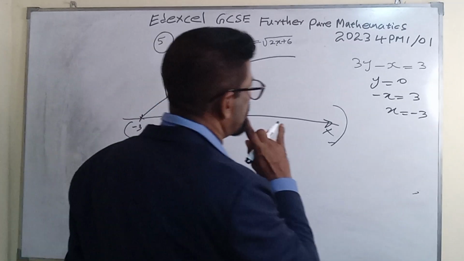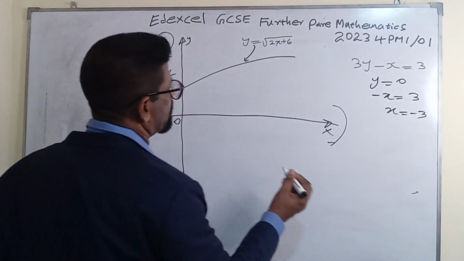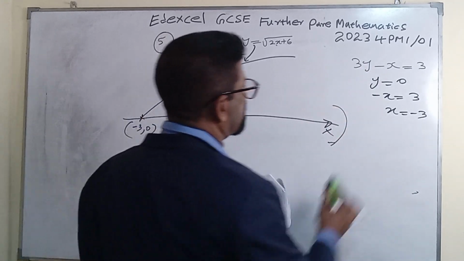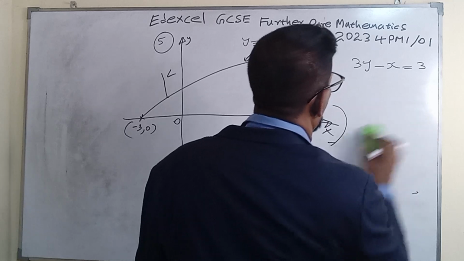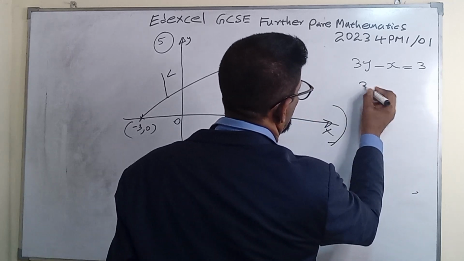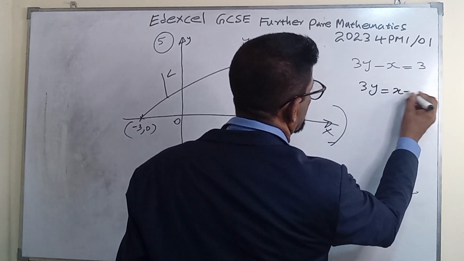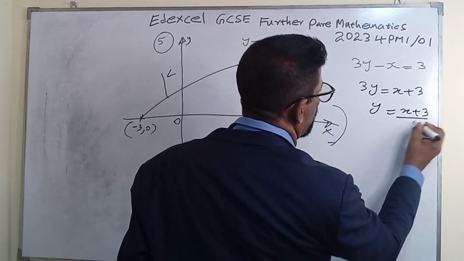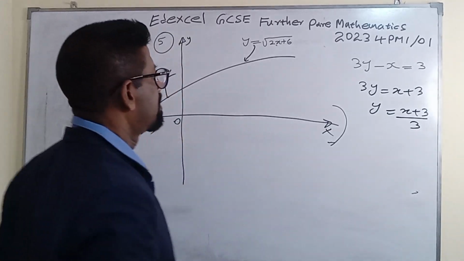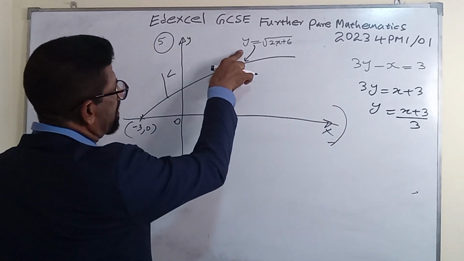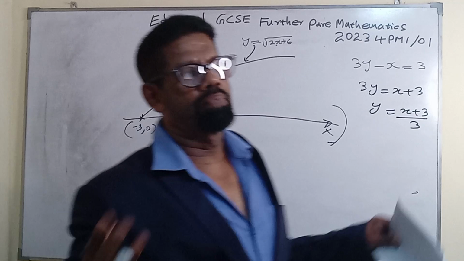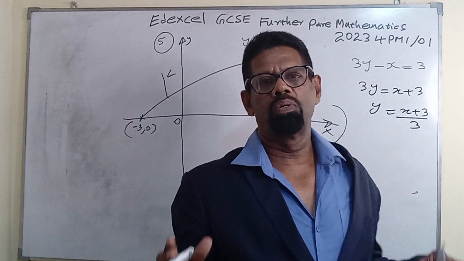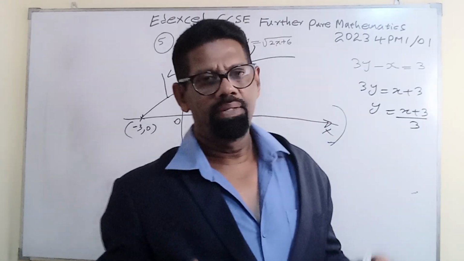Okay, so we know 3y minus x equals 3. Then make y the subject: 3y equals x plus 3, so y equals (x plus 3) over 3. Then you substitute that y, build up the quadratic equation, and find the two x values. Then you can find the y values.